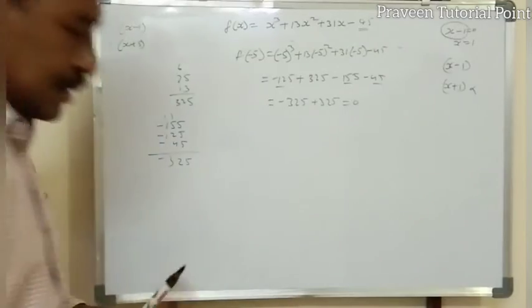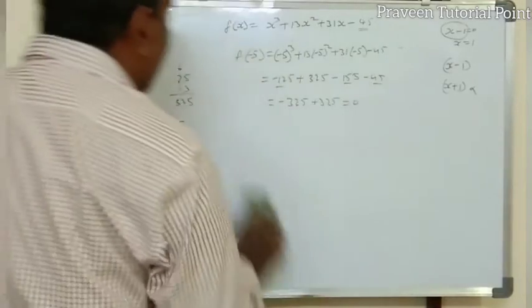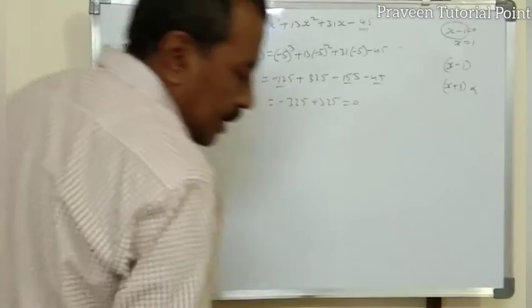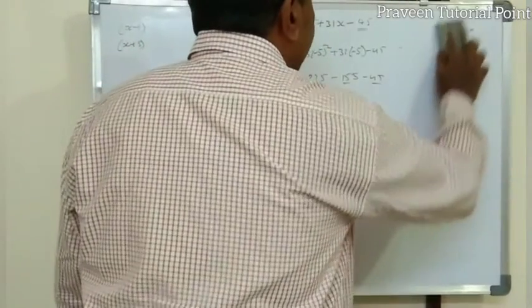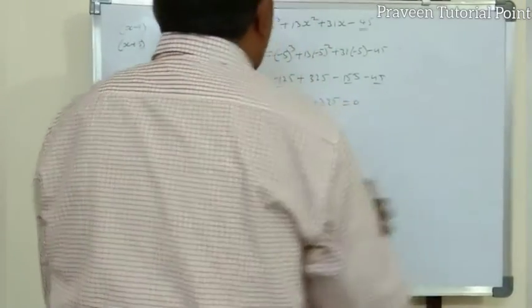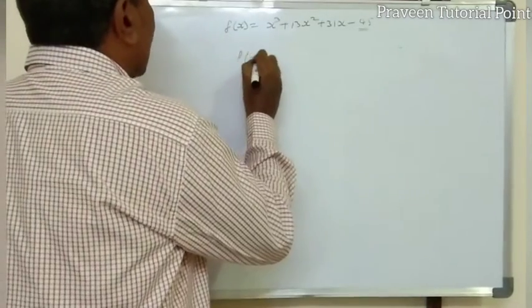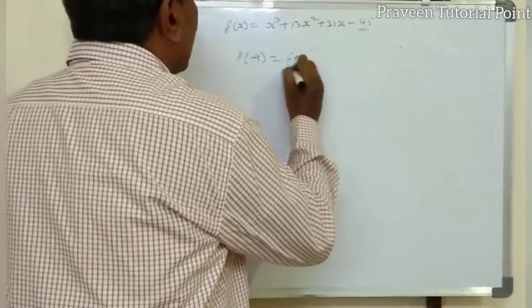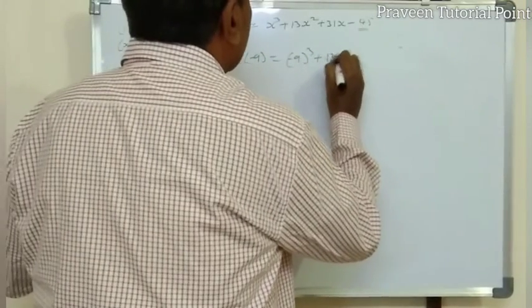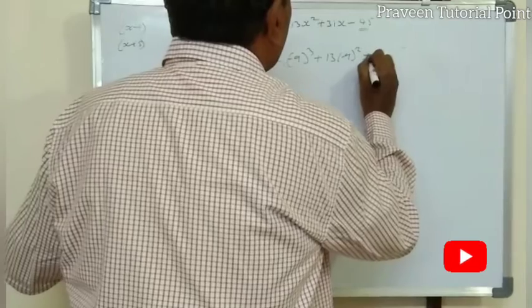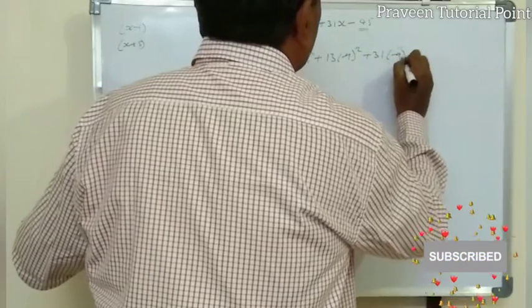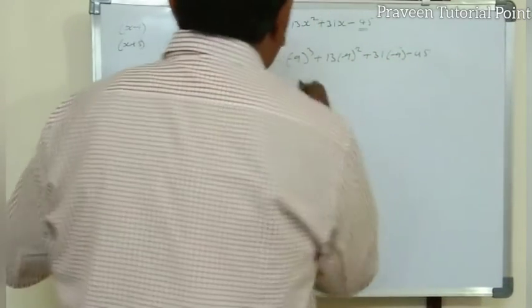So, we got two factors. Now, we will take f of minus 9. First of all, we will take the negative numbers; after that, we will consider the positive numbers. F of minus 9: minus 9 whole cube plus 13 into minus 9 whole square plus 31 into minus 9 minus 45.